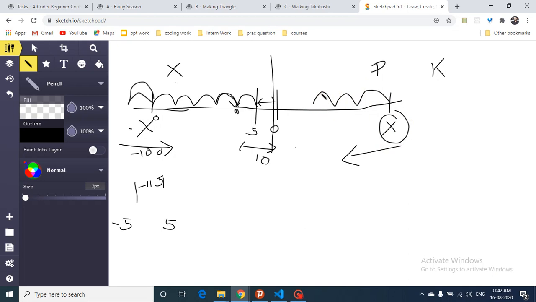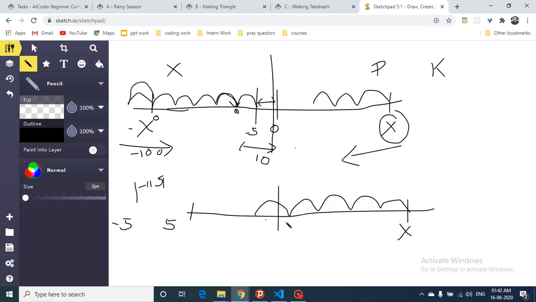Okay, now this is the one case, but now the other case can be I am at this x. Let's move down, do some hopping, and my hopping is such that I reach this position. If I do all the k hops, then I will reach this position. Let's assume that. So is it beneficial to do all the hops going in the left direction?